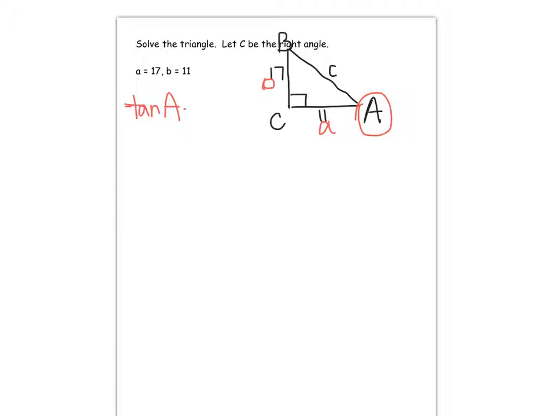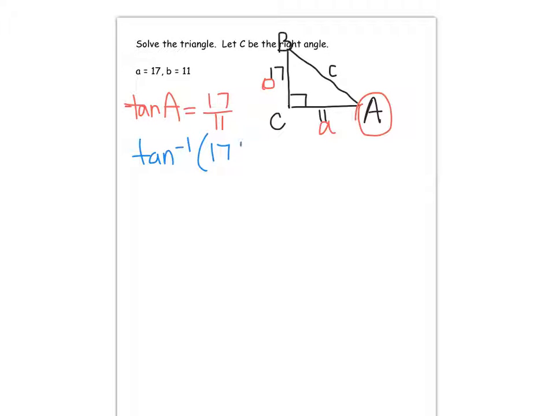Tangent of A equals opposite, which is 17, over adjacent, which is 11. So remember, if you know the whole fraction, cross multiplying won't help you. What has to be done is you press shift tangent or second tangent, which gets tangent -1 to show up, inverse tangent.